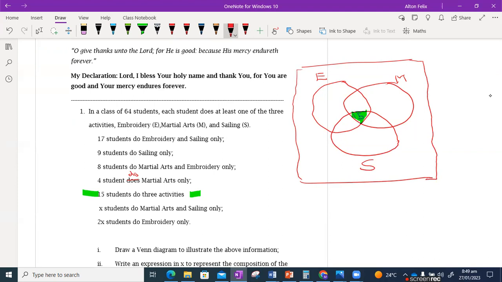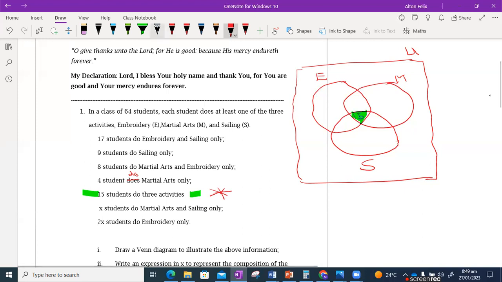Now, if you are given a problem involving 3 sets, always start looking at the information on the students or members, or however the problem is phrased, that do all 3 activities. So we are told that 15 of them do all 3 activities. Then you look at activities 2 at a time.